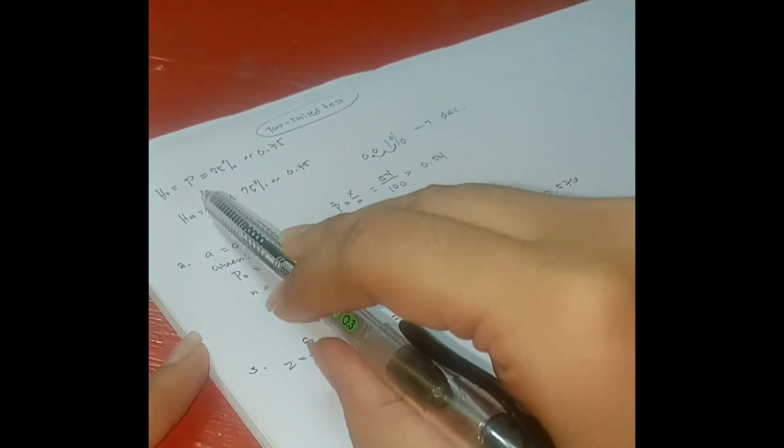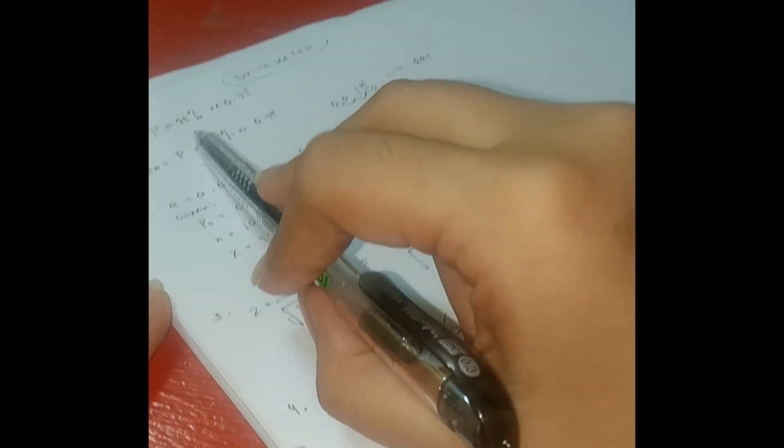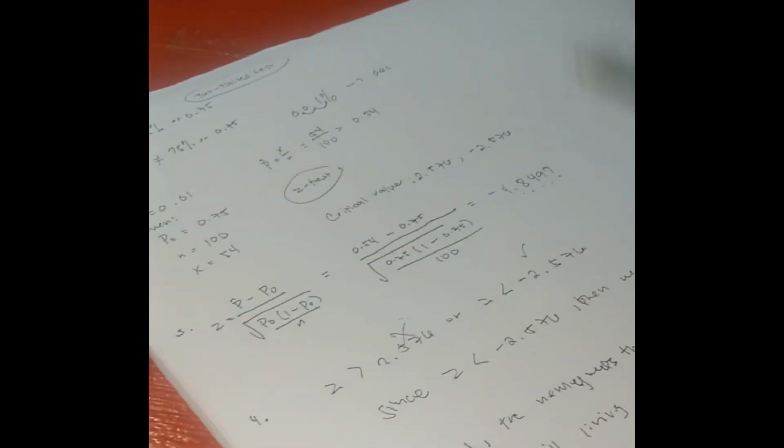So, not equal. Nireject natin yung null hypothesis niya na yung P daw is equal to 75%. Na-reject natin yan. So, ito yung gagamitin natin. Ito yung lumabas na tama.